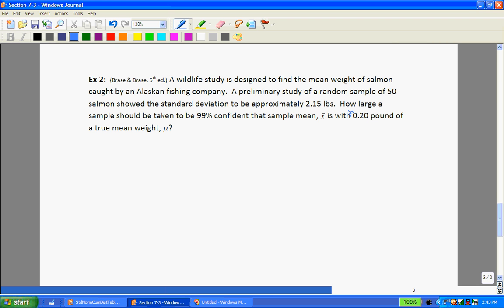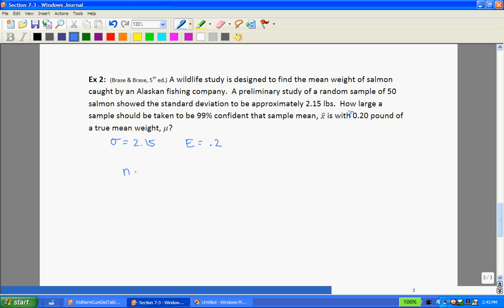Let's see what we do know. We know that the standard deviation is 2.15, and we know that E is 0.2, because if we want to be within 0.2, that means either higher or lower, but within 0.2 pound of the true mean weight mu.